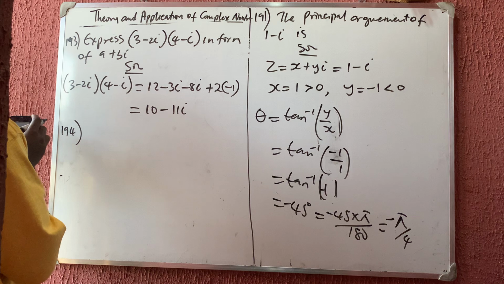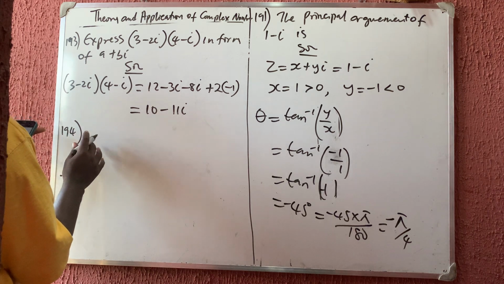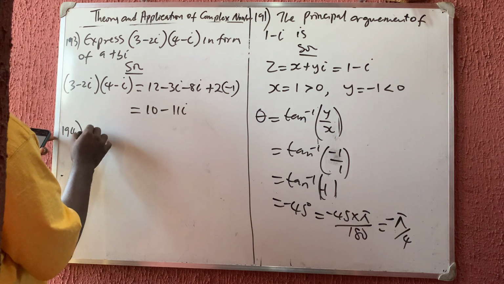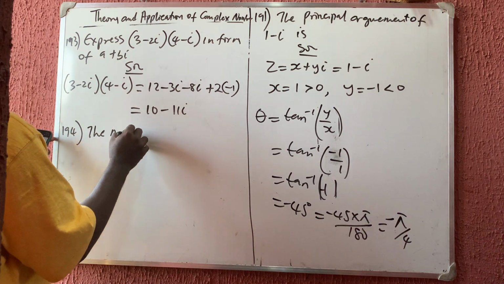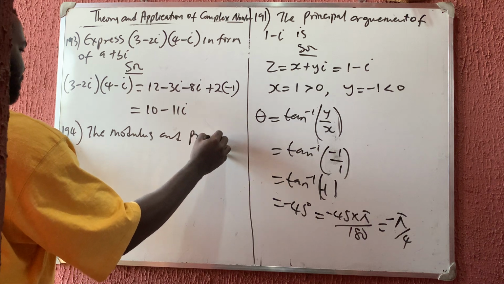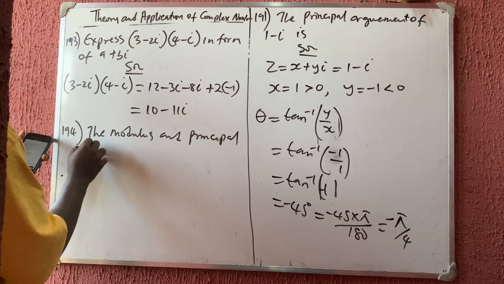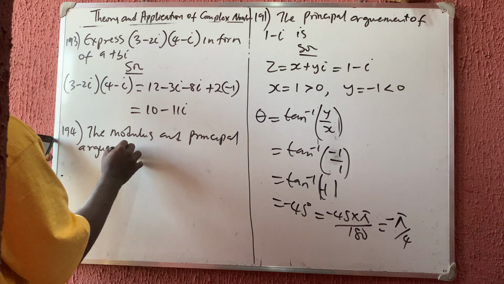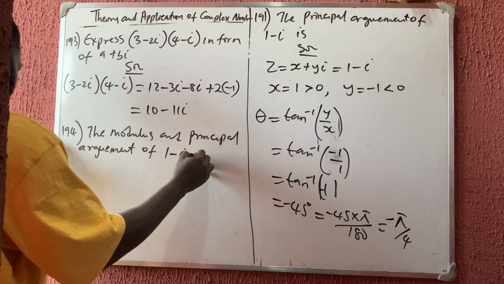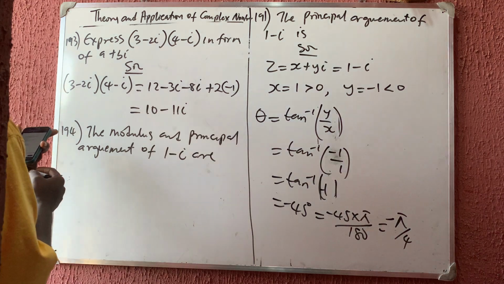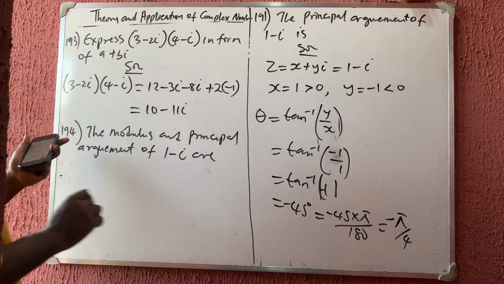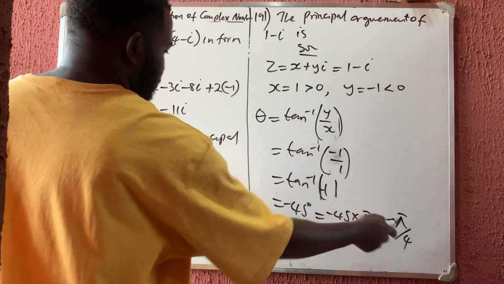Question number 194 said the modulus and the principal argument of 1 minus i are. So we have gotten the principal argument here as minus pi over 4.